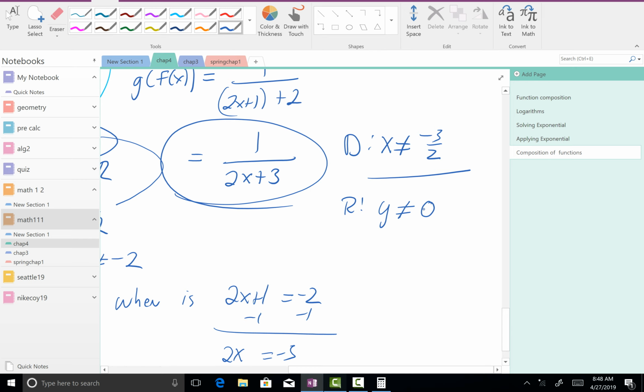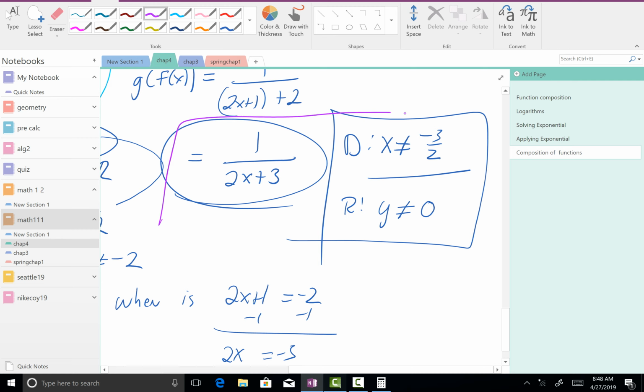It's going to get close to 0, but never be 0. So here's our answer right there. So there's that part.